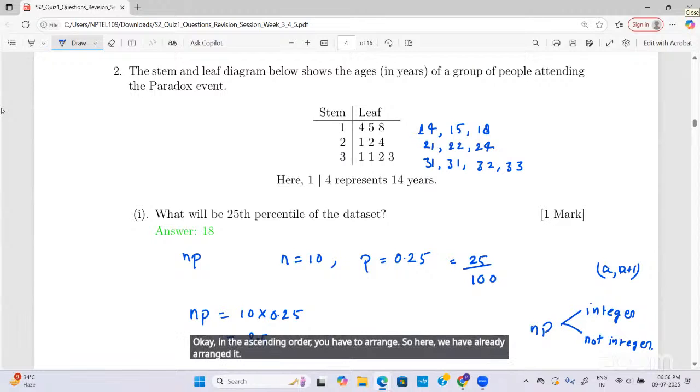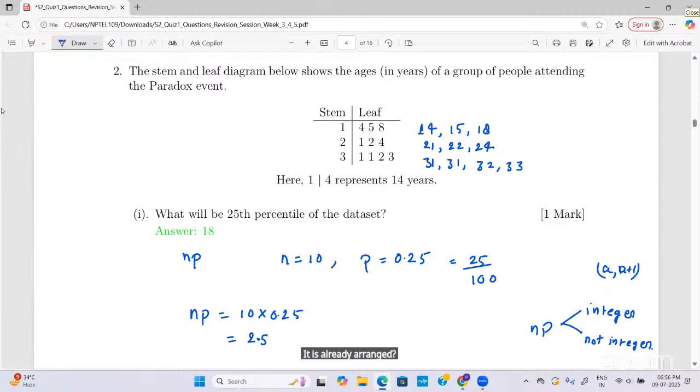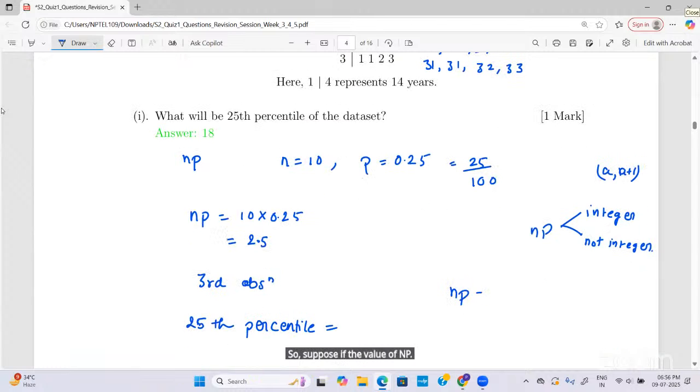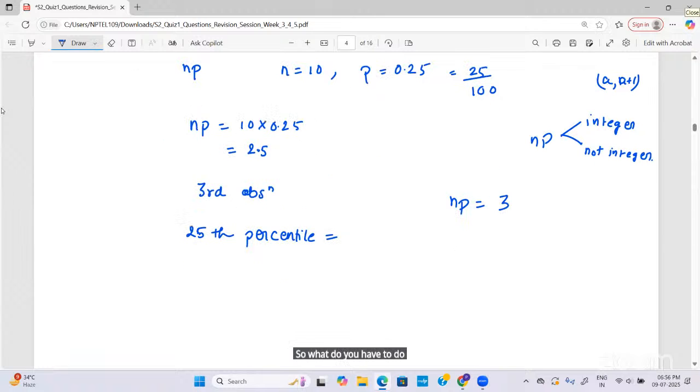Can you explain the integer, not fractional case? So suppose the value of NP is coming out to be 3. What you have to do is take the third observation and fourth observation, and take the average of these two.